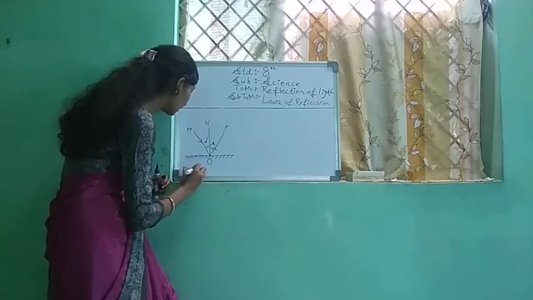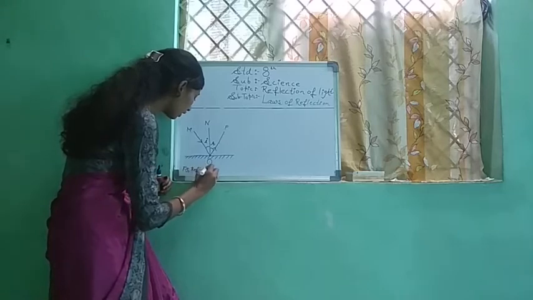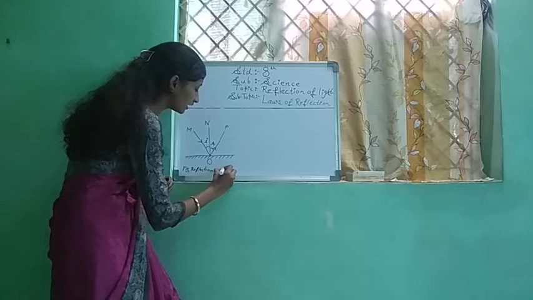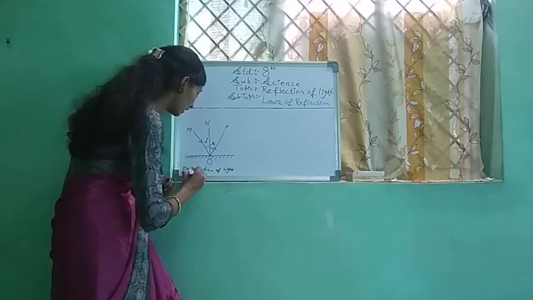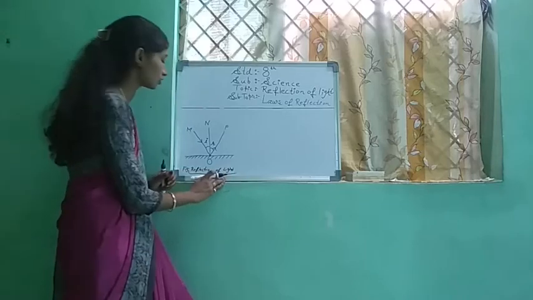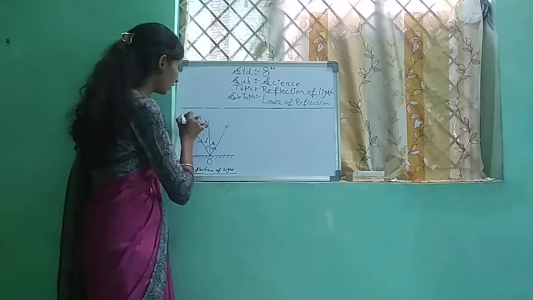Remember one thing, that whenever you draw a diagram, you have to label it properly and you have to give its name at the bottom of the figure, which diagram this is. Okay, so this figure is about reflection of light.